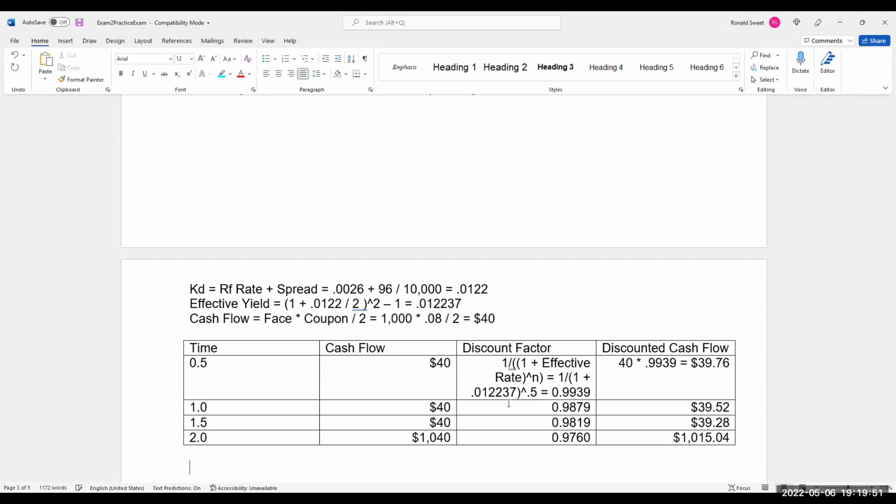And you add all that up, the sum of the discounted cash flow should equal, I get 1133.56, or with rounding, depends on how much you round. You could get as high as 1133.60, but rounding doesn't matter.